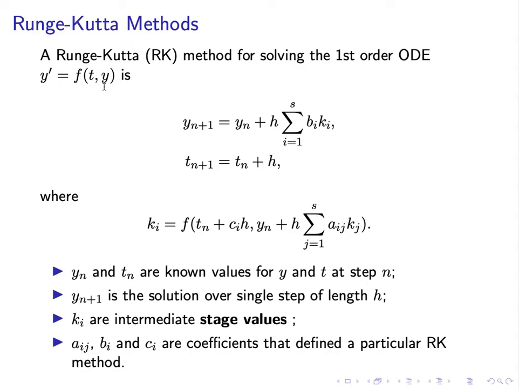So instead of t we replace t with that expression, and instead of y we replace it with this expression, and you can see this is another weighted sum. So it's our current solution plus a weighted sum. Again, this is the same step length h multiplied by this summation. Now aij, like ci and bi, is just some coefficient, and kj is what's known as a stage value.